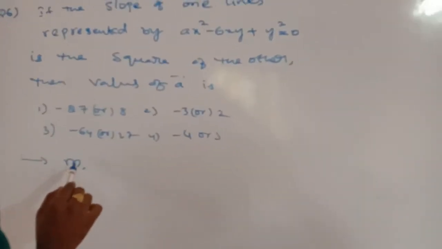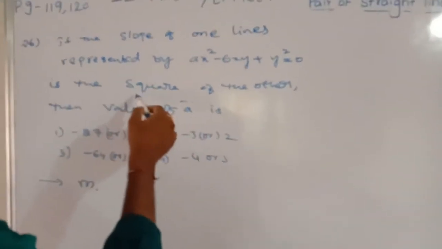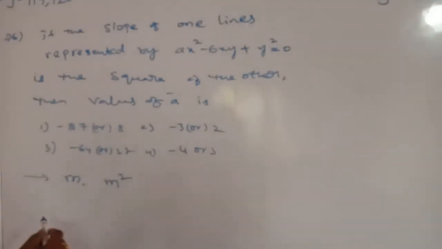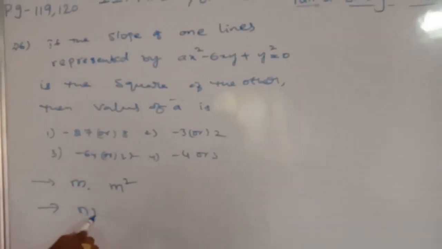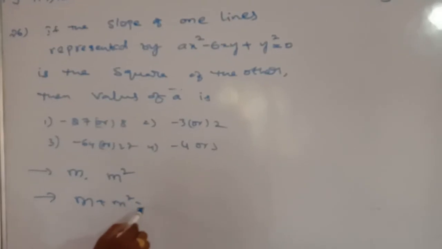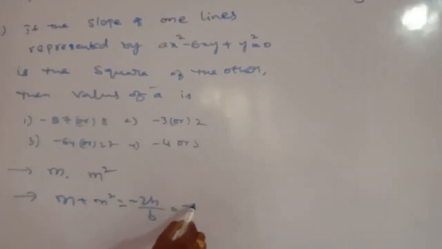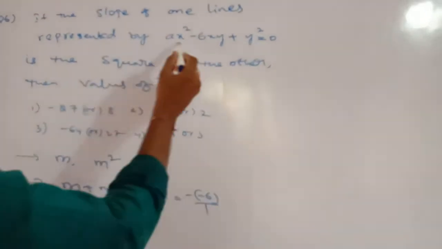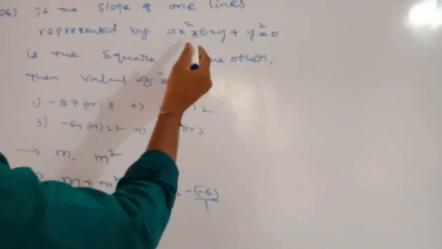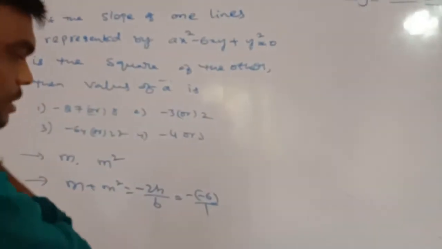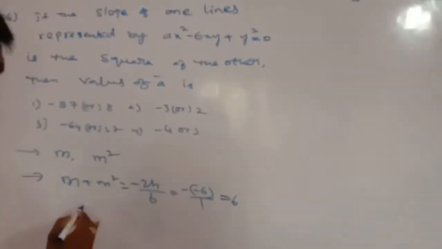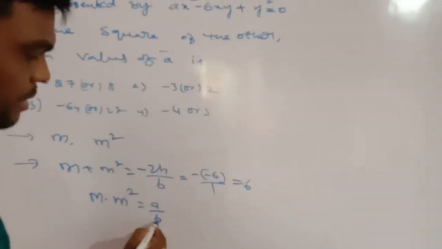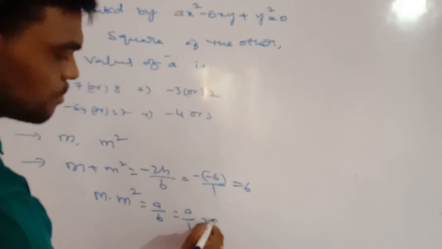That means one slope of the line is m, the other slope is m². Now the sum of the slopes is m plus m² is equal to minus 2h by b, that means minus of minus 6 by 1, where ax² plus 2hxy plus by² is equal to 0. Here a is a, 2h is minus 6, b is equal to 1. That means 6. And the product of the slopes is a by b, that means a by 1, this is equal to a.